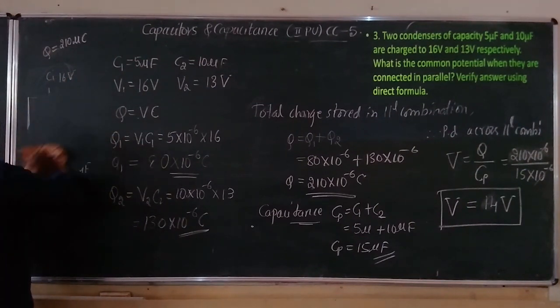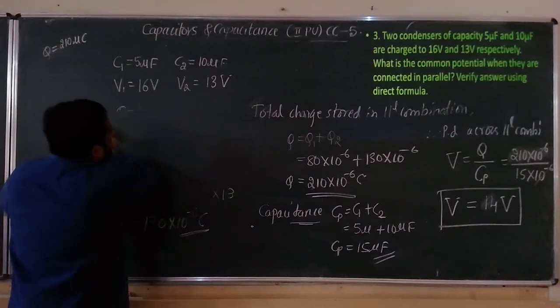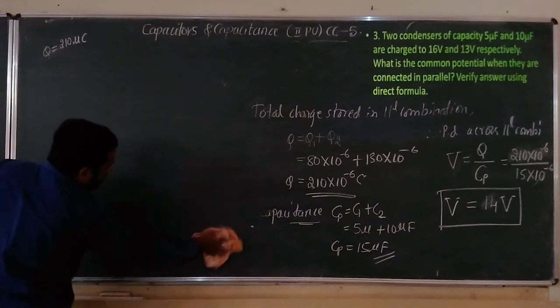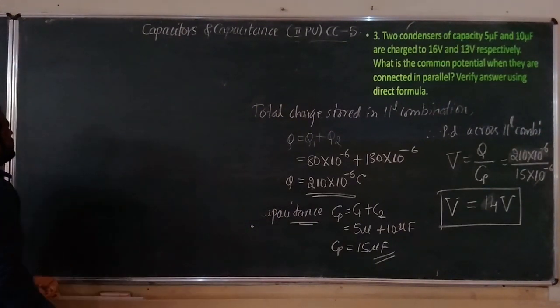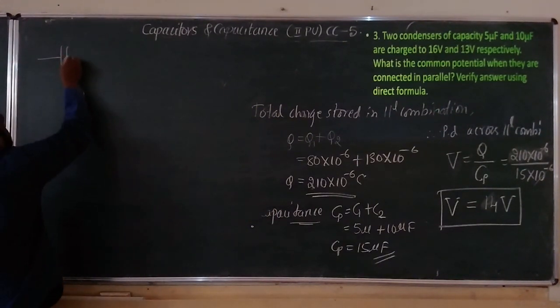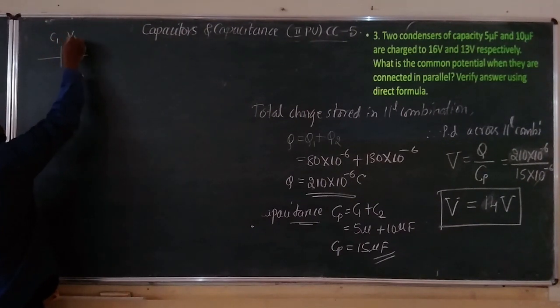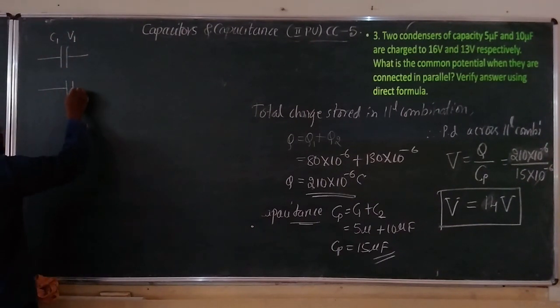If it is asked in competitive exams, then you can use a shortcut formula. See, two capacitors, C1 charged to V1, and another capacitor C2 charged to V2.